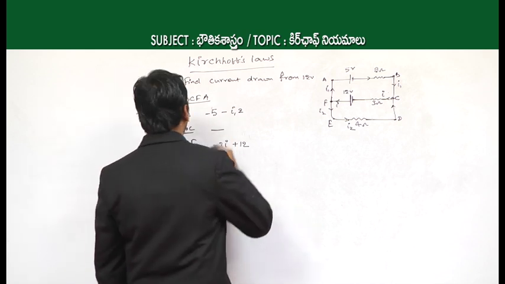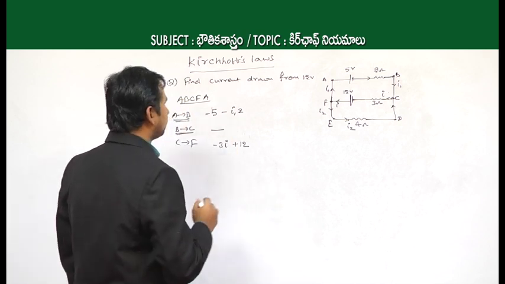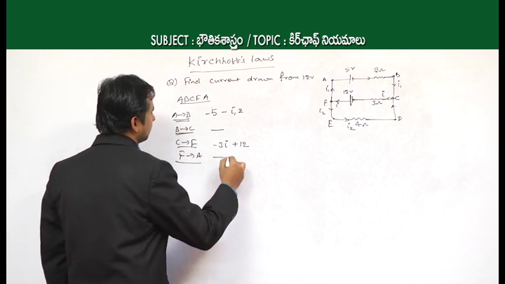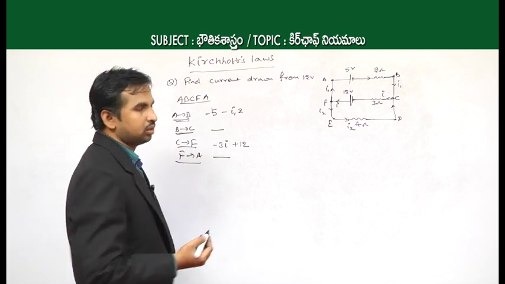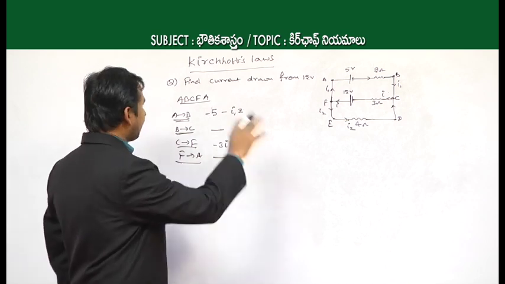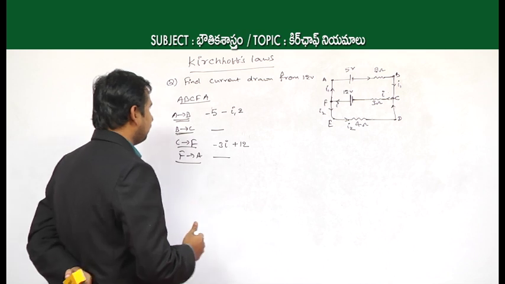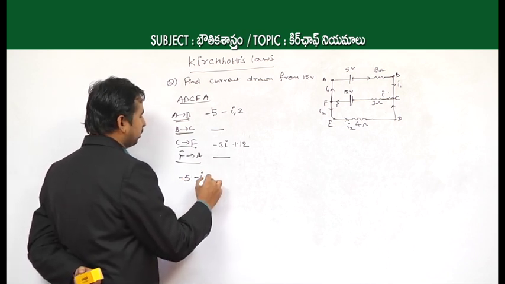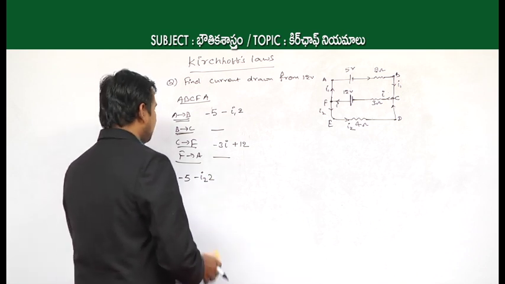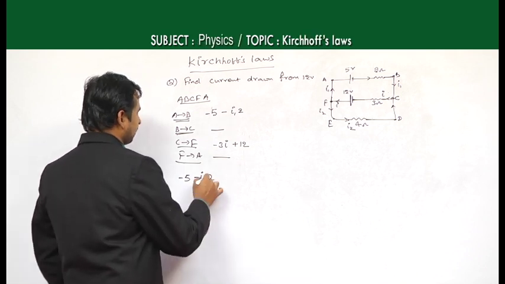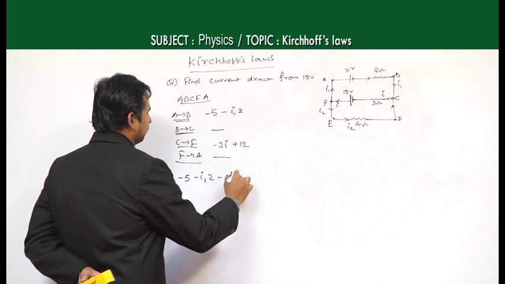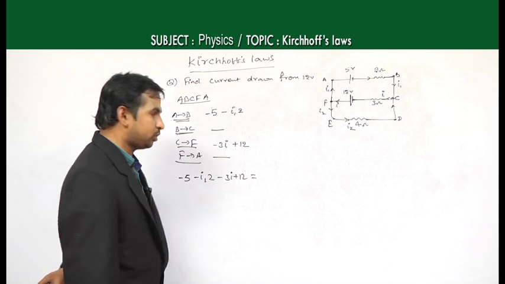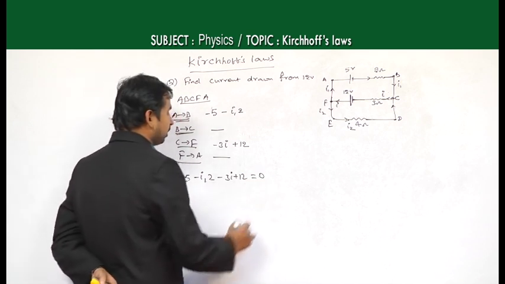Okay. Now, on taking that complete circuit, for F to A we do not have any components present here. So the potential drop across this one is also equal to 0. Then for the loop A, B, C, F, A, we finally get minus 5, minus I1 into 2 and minus 3I plus 12. The algebraic sum of all these potential differences is equal to 0 according to Kirchhoff's voltage law.